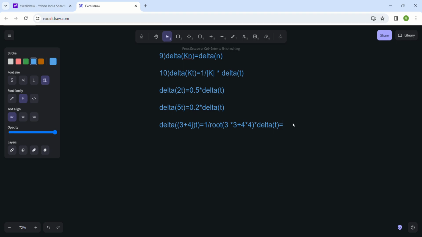Root over 3 square plus 4 square, root over 9 plus 16, root over 25, equals 1 by 5. Again the signal is the same: 0.2 into delta t.